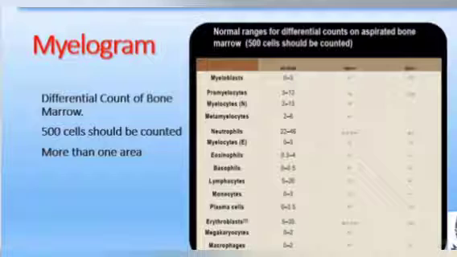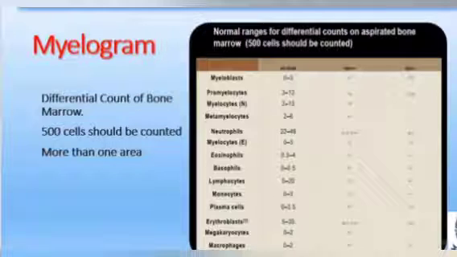This should include all stages of the maturation of WBCs. However, all stages of erythroblast are counted collectively. At least 500 cells should be counted. It is preferable that the differential count should be performed for more than one randomly selected area.